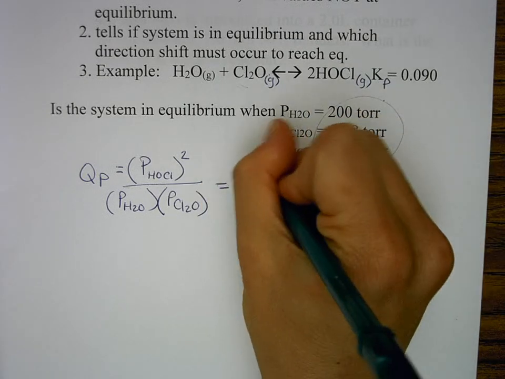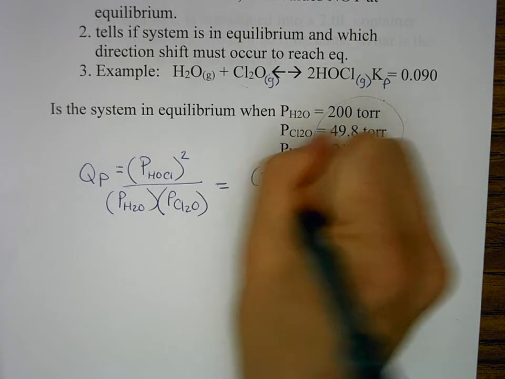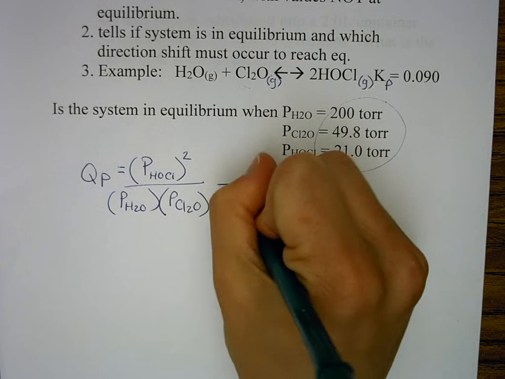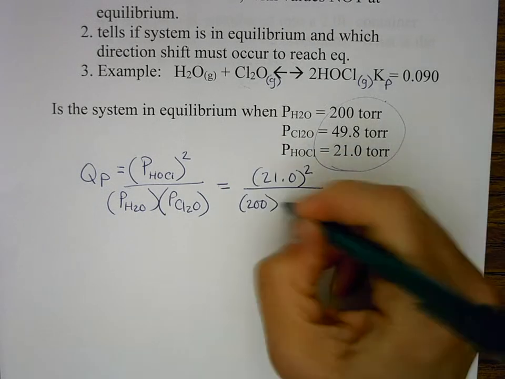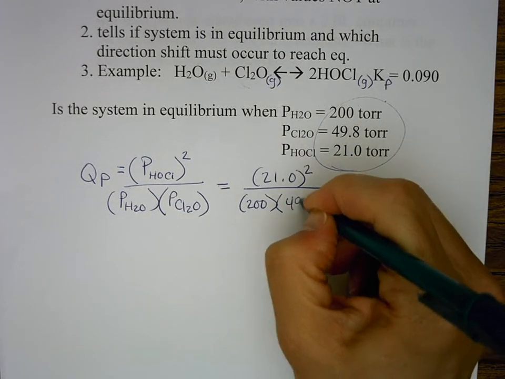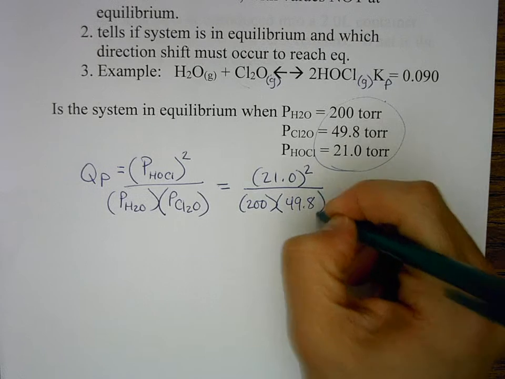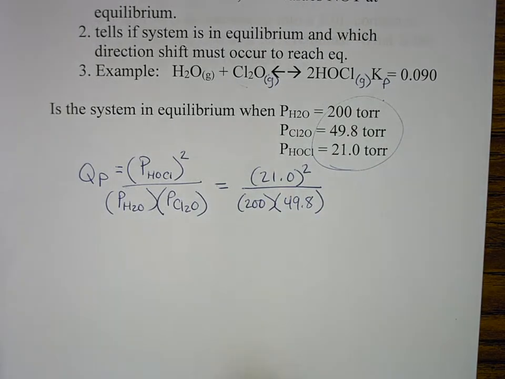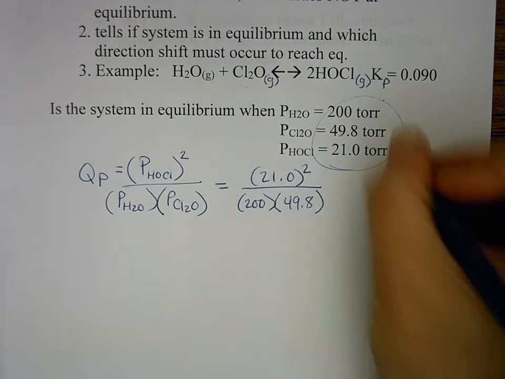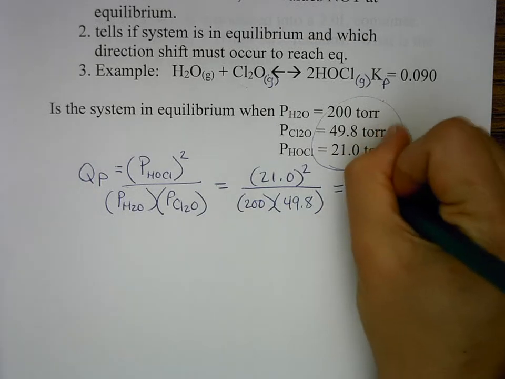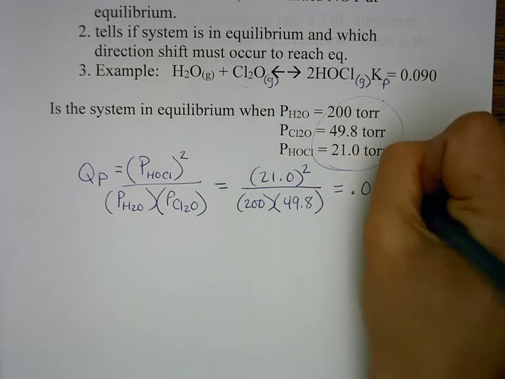So I get 21 squared, 200 for the pressure of the H2O, and then 49.8 for the pressure of the Cl2O. I calculate that Q value, and that Q value is 0.0443.